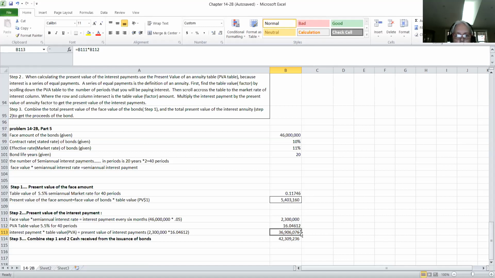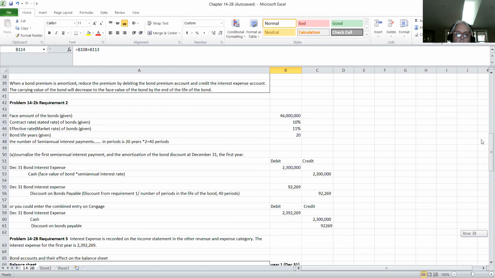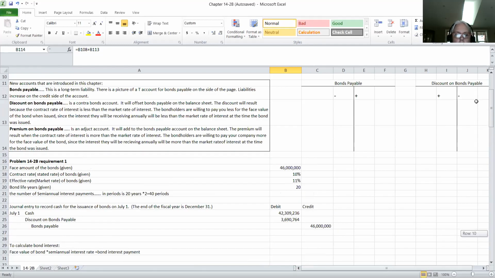So we're going to add the $5,403,160 to the $36,906,076, and that will give you what you're going to enter in for part 5 of problem 14-2B. This is the total cash from the issuance. Notice this amount is equal to what we started out with, what they gave us as the cash amount that we started with.